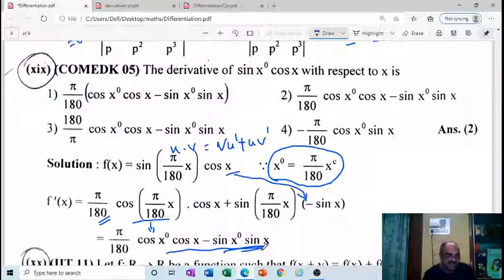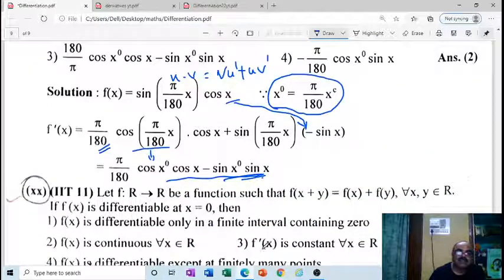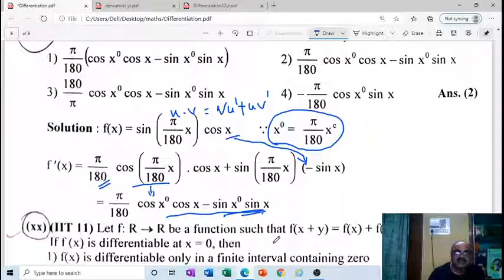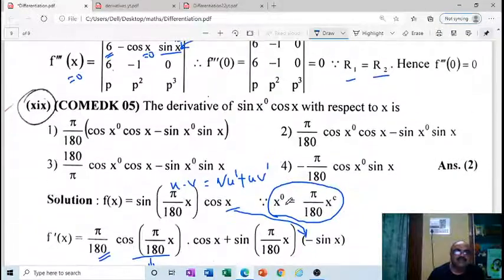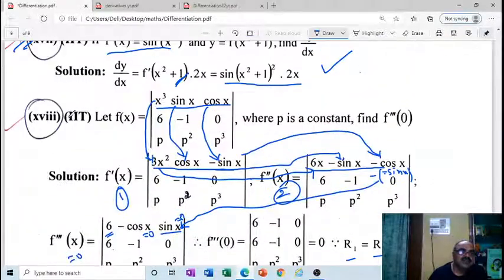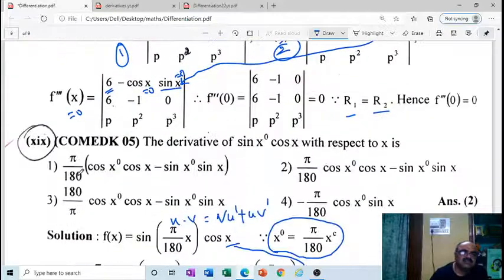This needs to be remembered by you systematically. Friends, this is a very important sum. Again, I would like to say, see the previous one. I want you to practice all these as much as possible. All these are very important sums.